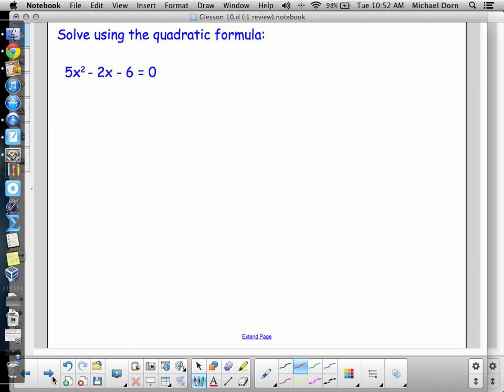Finally, solve using the quadratic formula. If it says using the quadratic formula, you must use the quadratic formula. Even if you solve it through factoring or some other method, you will not get the points because this is really testing the formula. So again, negative b plus or minus square root of b squared minus 4ac, everything over 2a.